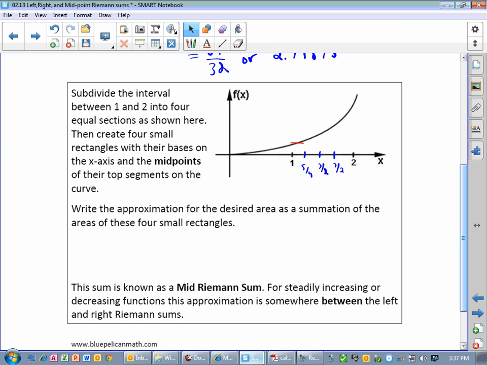Okay? So how do we get the x value of the midpoint of that segment? So it's something between 1 and 5/4. So how do we get that? And how do we get that exact x value?